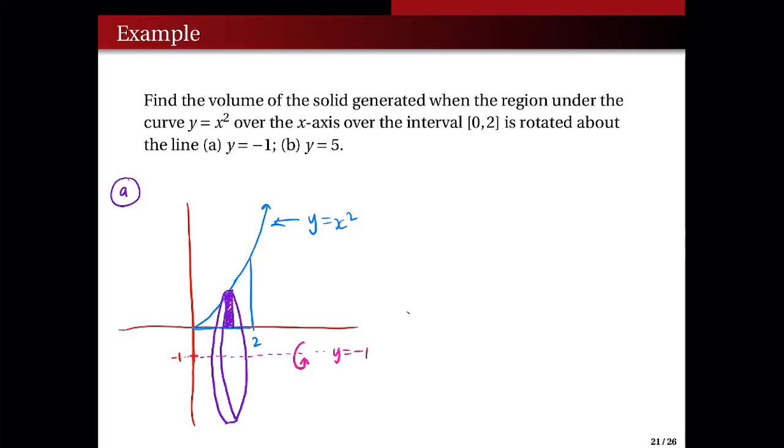And since this is your axis of revolution and there's a space here, take note of that. This will create this hole.